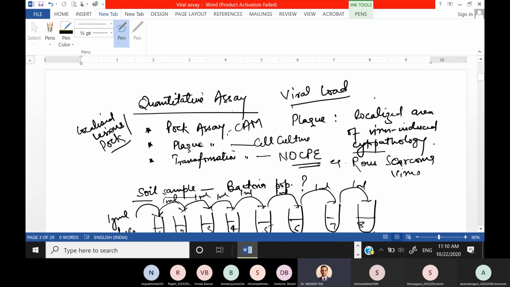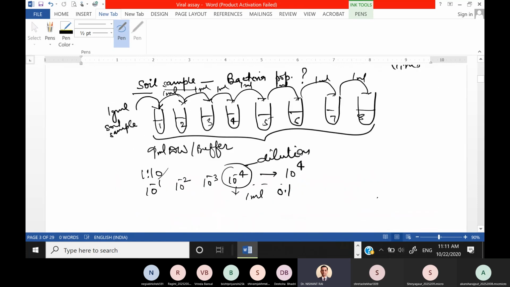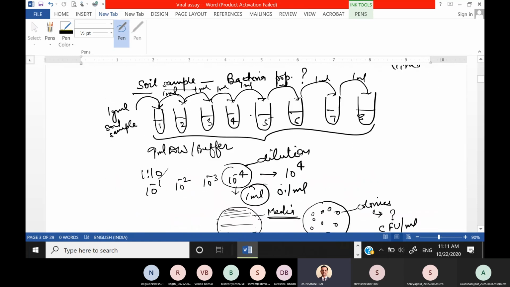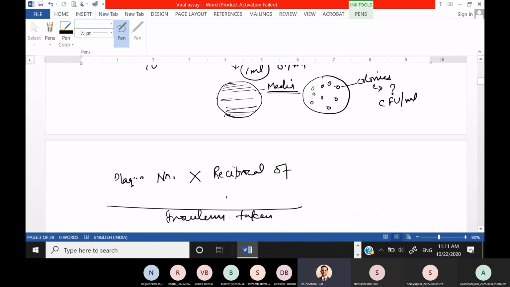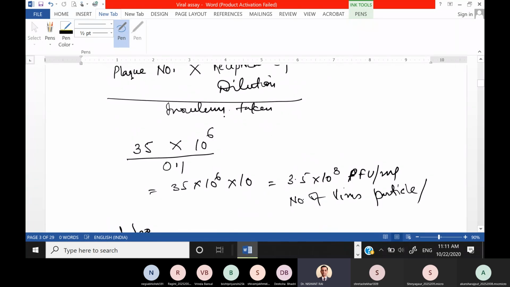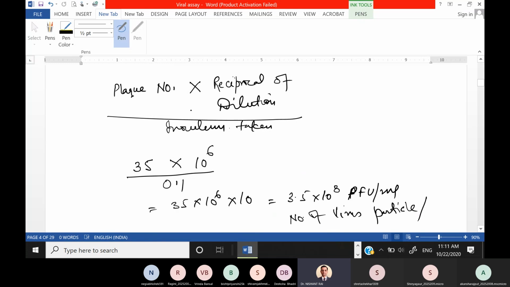And you will identify the cytopathic effect, जैसे हमने बोला था plaque, plaque तो localized area of virus induced cytopathology, वो clear zone जो बन रहे हैं उसको हम plaque कह रहे हैं, तो you will determine a plaque. यहाँ पर मैंने एक example दिया था when we determine the bacterial load in a given soil sample. Likewise same, you do the virus dilution, you identify the cytopathic effect, which is called plaque.